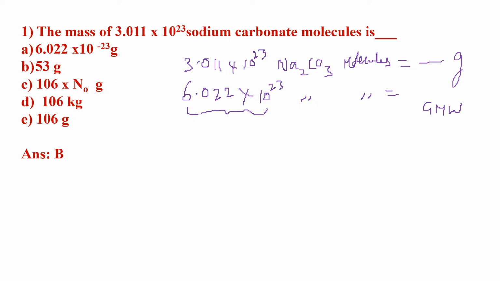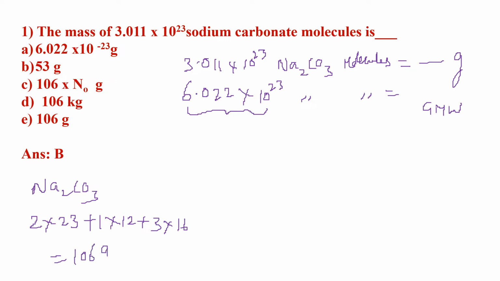What is the gram molecular weight of sodium carbonate? That is 2 into 23 for sodium, plus 1 into 12 for carbon, plus 3 into 16, which is 106 grams. So 1 mole is 106 grams of sodium carbonate.